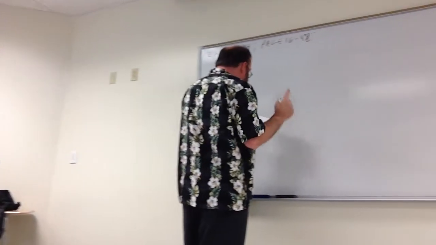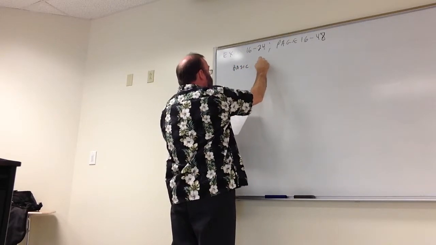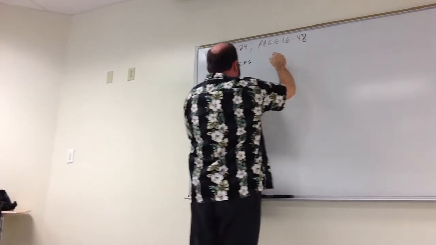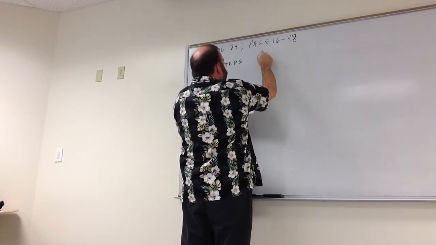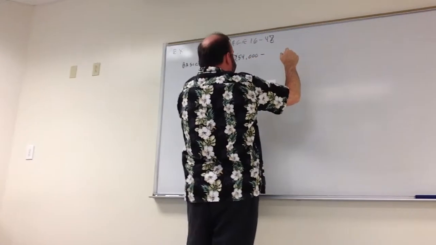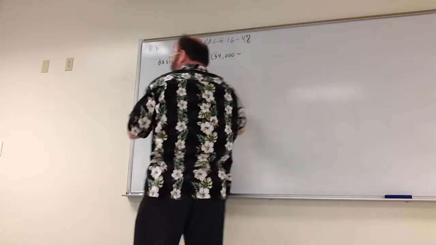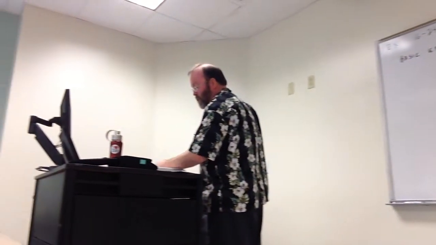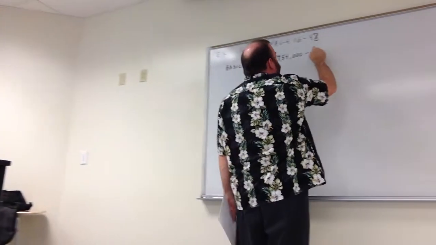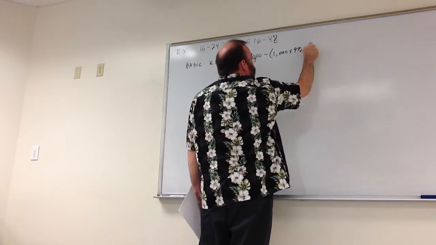So, starting with basic earnings per share. That's 54,000 of net income minus the preferred dividend, which is 1,000 shares of 9% and $100 par.